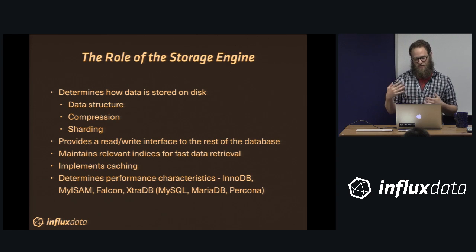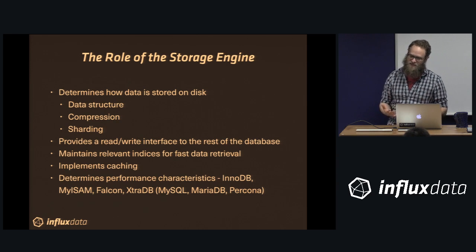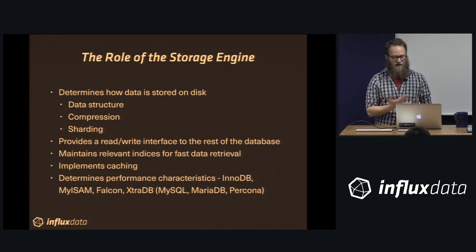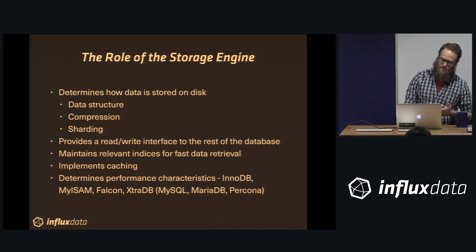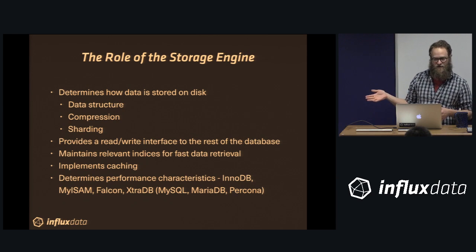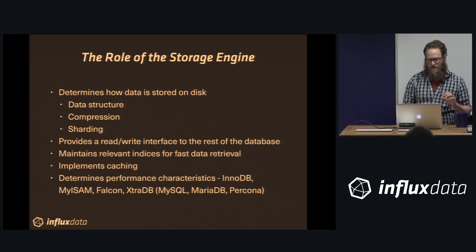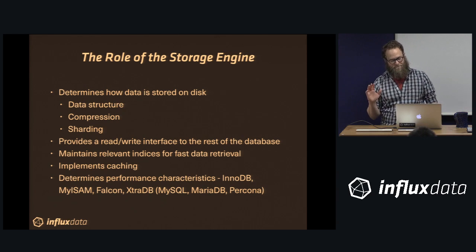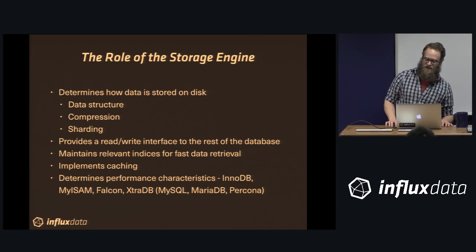Those are how it finds the data on disk without scanning through everything. Indexes are there for fast lookup. Usually there's a caching layer in the storage engine, data stored in memory to be looked up quickly, which could be the most recent data or the most frequently used data. Overall, the storage engine defines the basic performance characteristics of the database.